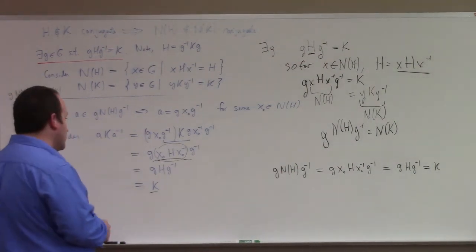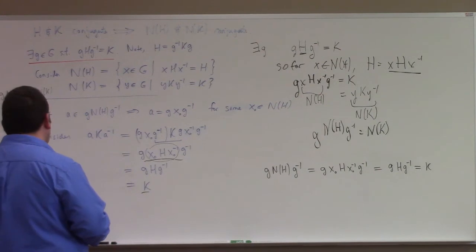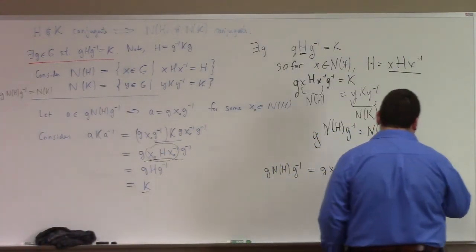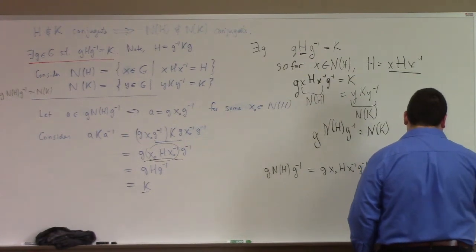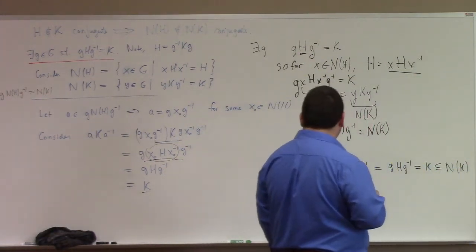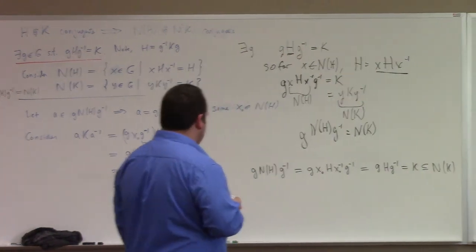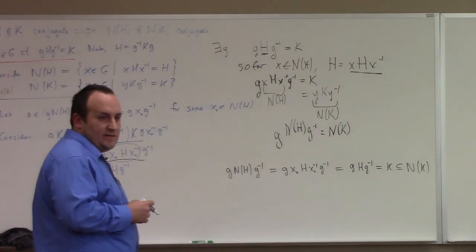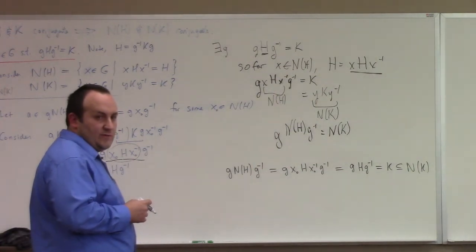Okay. Yeah, I see the problem with what I said. That's a subset of n of k, I think. I think it's always the case that any subgroup is in its normalizer, right?